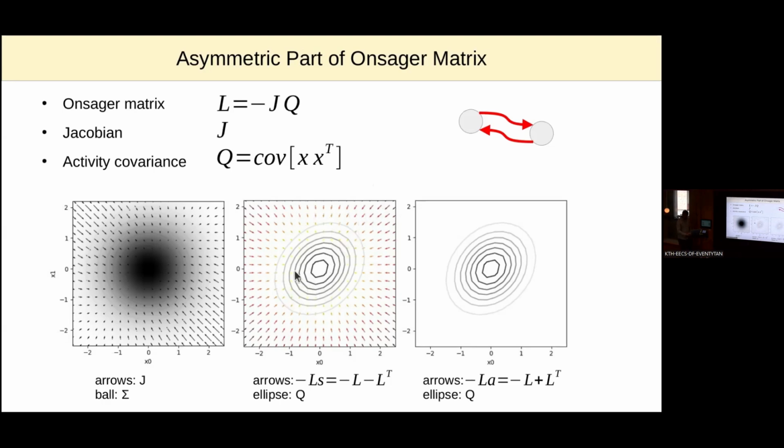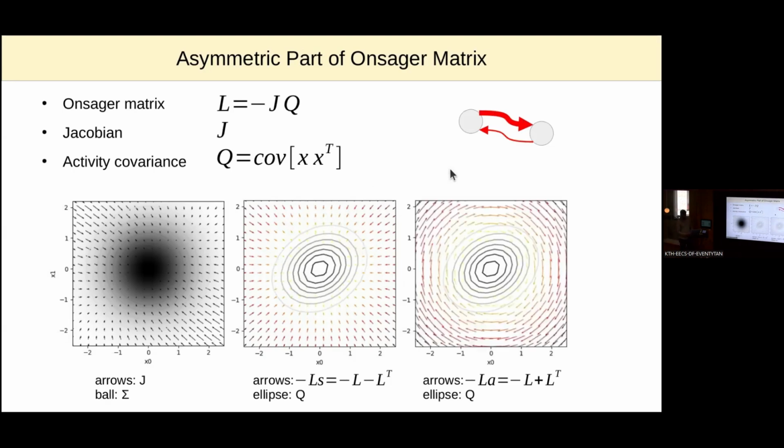And so the symmetric part here is pushing the activity back to this stationary distribution. And you don't have anything for the anti-symmetric part. So what's happening when we do a stronger connection from one region to the other? That's not going to change the stationary distribution, as you see here.